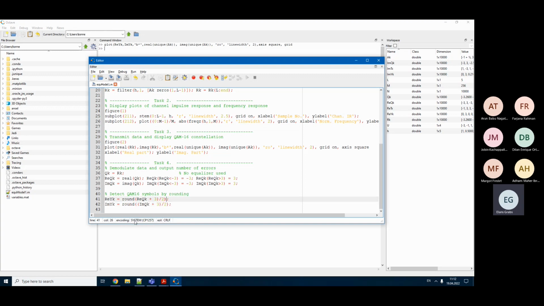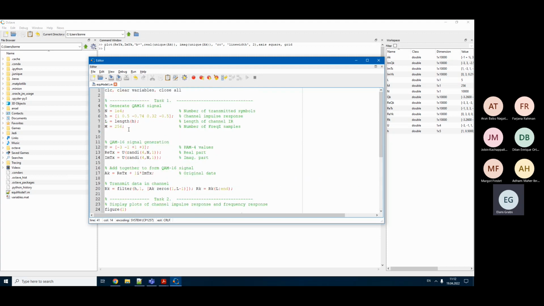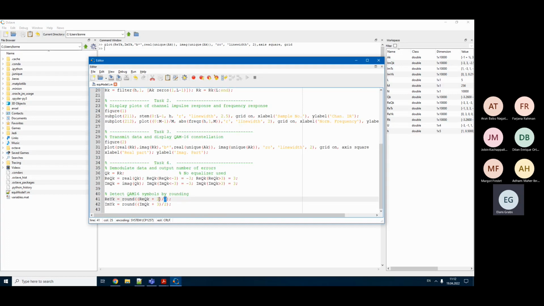So we want to round the entire thing, not just this real part. And now it's again going to be an integer number 0, 1, 2, or 3. In order to convert them back into these numbers, yes, we can basically reverse what we have done here. So multiply with 2 and subtract 3.